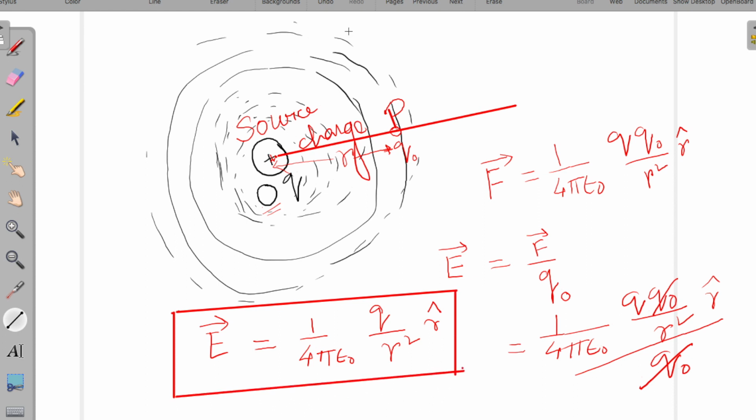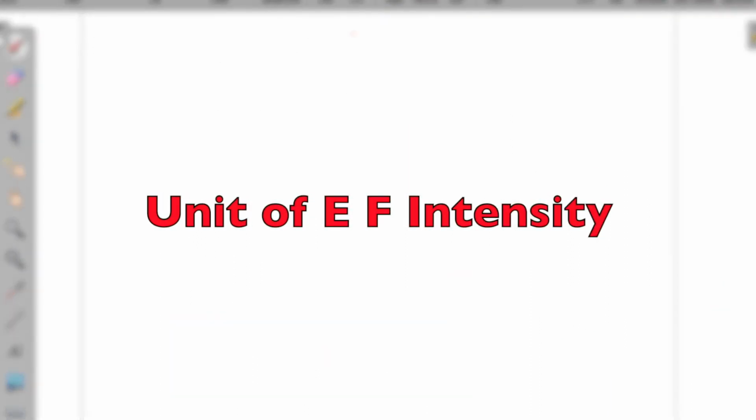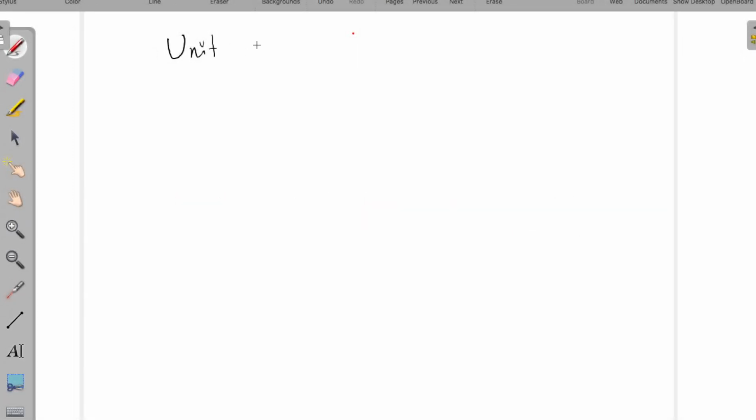Coming to the next point, the unit of electric field intensity. The unit can be found from the relation F by Q naught.